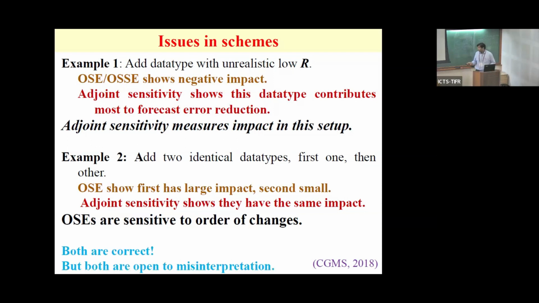But both are correct, and we need to define at what time we use which methodology. There are some advances, like Professor Kalnay did some work, proactive FSO, and there is a lot of research on how we improve this methodology.